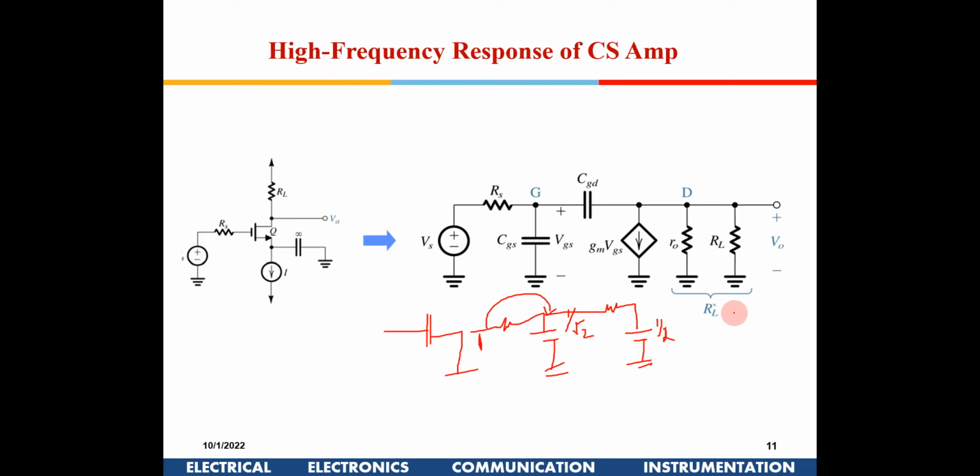So if you have multiple poles, every time the signal will get attenuated, correct? So this pole will decide which frequency range minus 40 dB is applicable to.